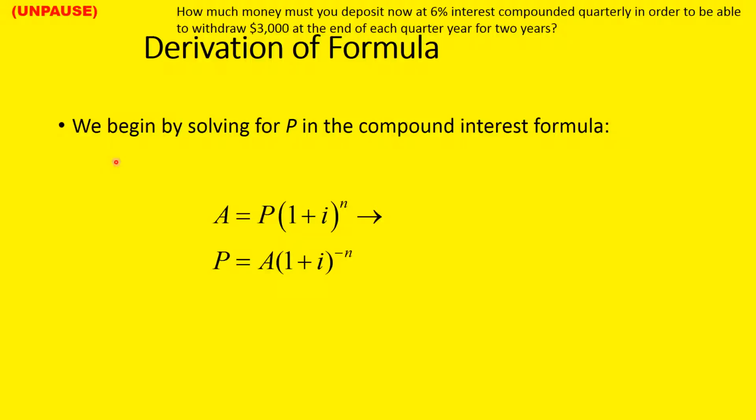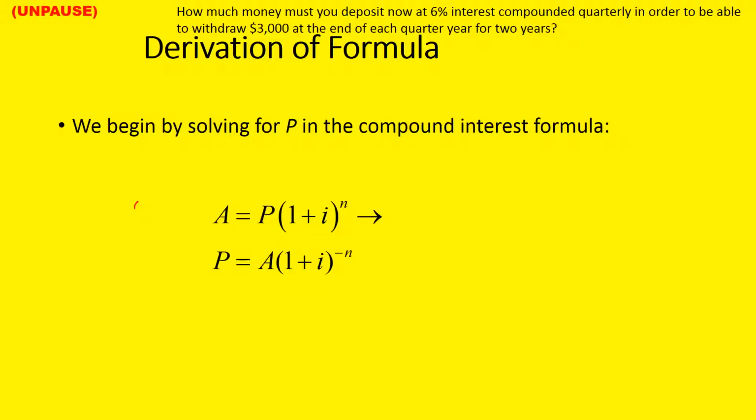And maybe it's not totally obvious how this is happening, but what we're really doing here is multiplying both sides of the regular compound interest formula by the negative nth power of 1 plus i.